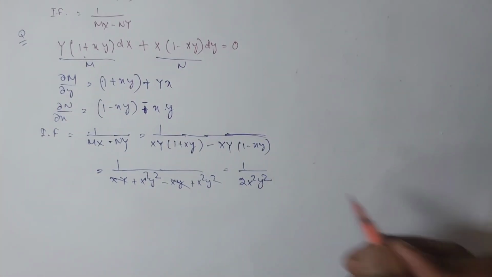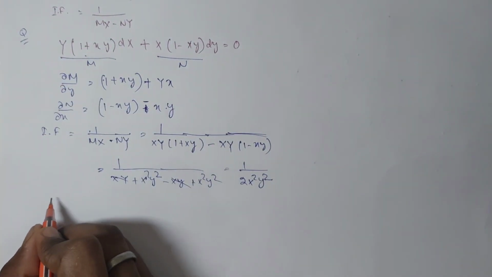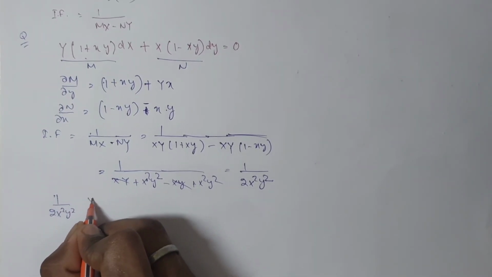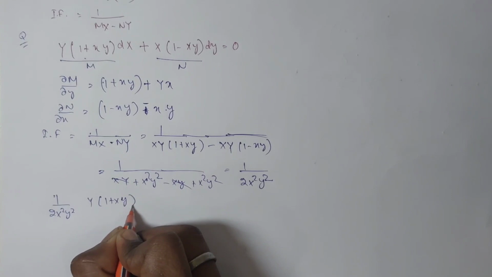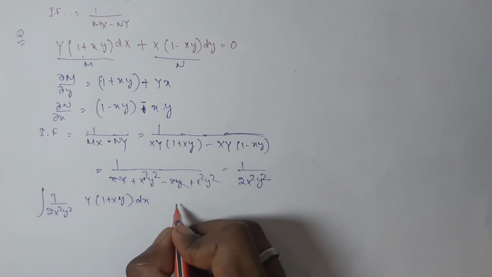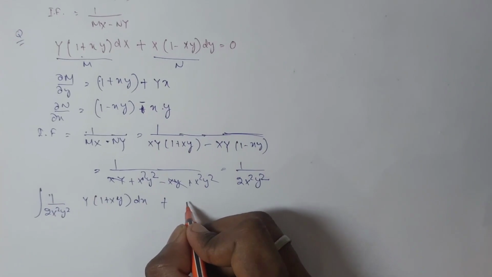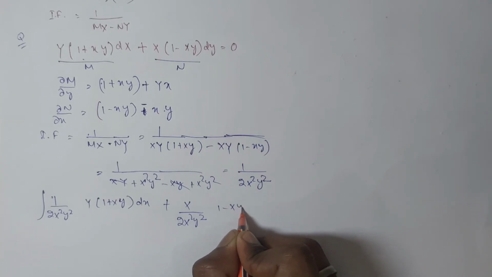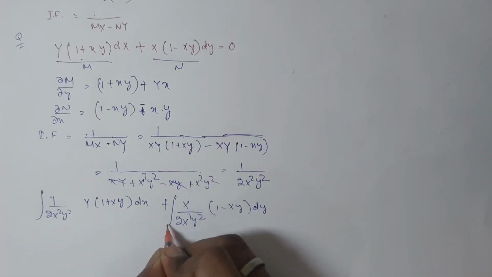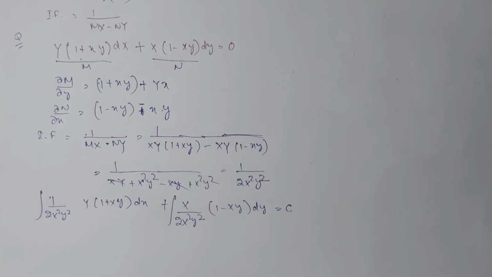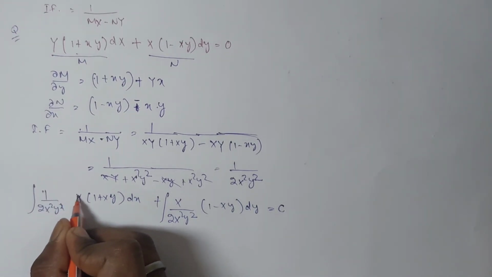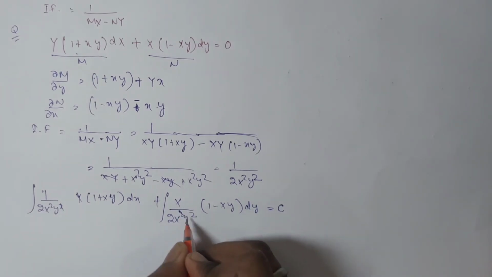Now multiply this integrating factor with the equation and integrate it. If we multiply, it becomes integration of 1 by 2 x square y square times y(1 plus xy) dx plus integration of x by 2 x square y square times (1 minus xy) dy equals some constant. Then you can see that one y term is cancelled out here, and here also one x term is cancelled out.